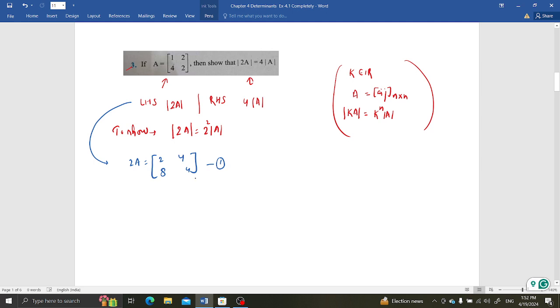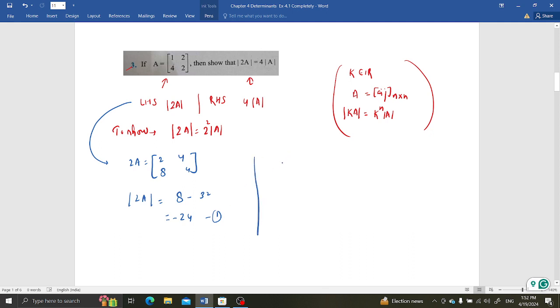After that I need to find the determinant. So what did we get? 8 minus 32, we get minus 24. Here we get minus 24. This one we can assume as the first equation.